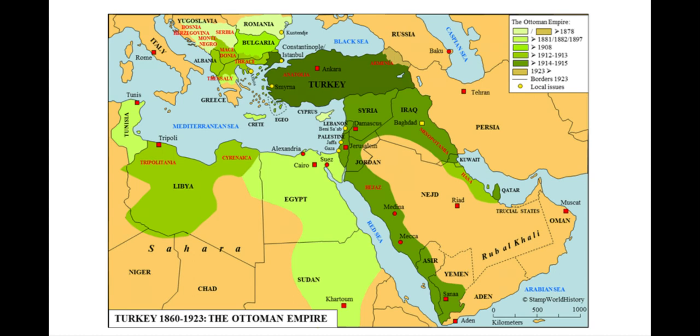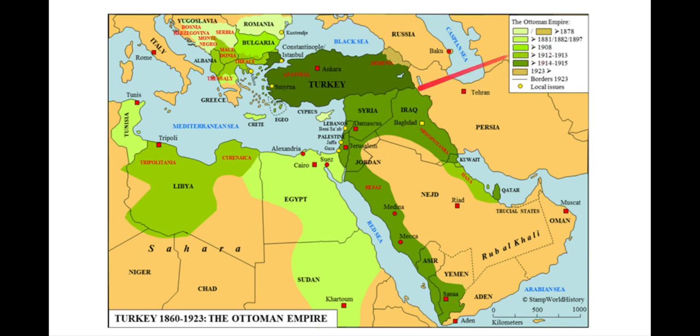Here is a map depicting, between 1860 and 1923, the formation of Turkey, really from the core of what was the Ottoman Empire. So the Ottoman Empire disintegrates, all of its constituents disintegrate into the core of Turkey and modern day Turkey. So here it shows you the dates where you can see when each of these fell.